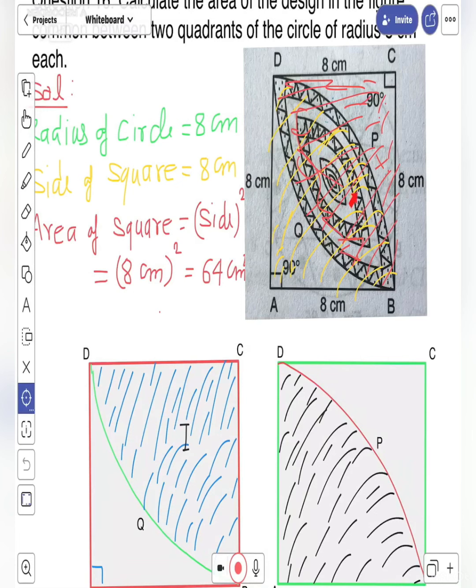Now what to do to find the area of this design? Means if you add the area of two quadrants and subtract the area of the square, then you will get the area of only the common design.